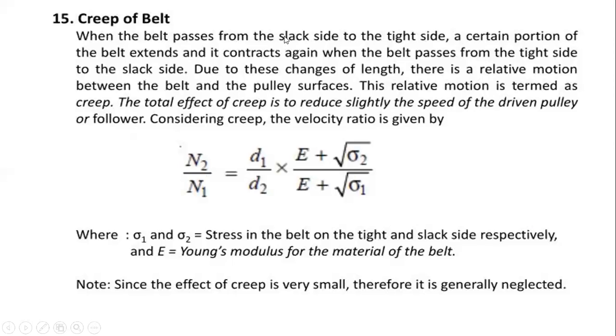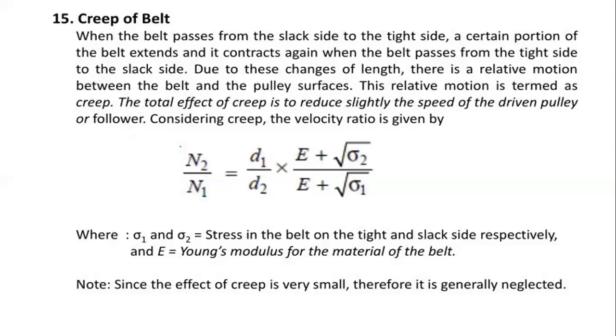When the belt passes from the slack side to the tight side, where the slack side is the top portion of the belt drive, open or closed, and the tight side is the lowermost part of the belt drive, a certain portion of the belt extends.